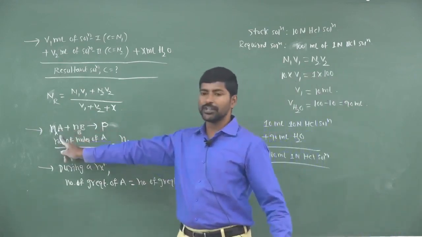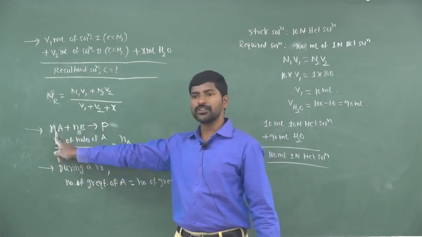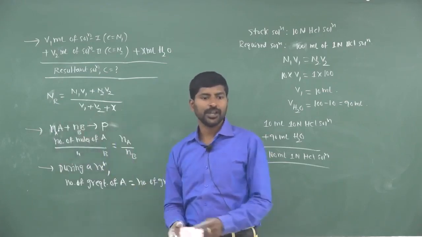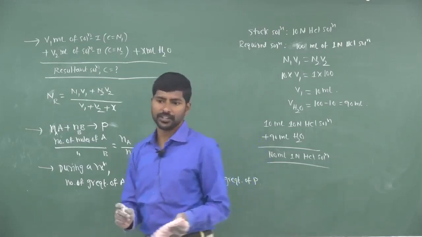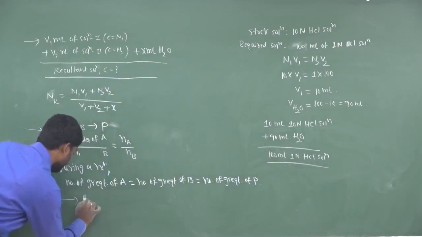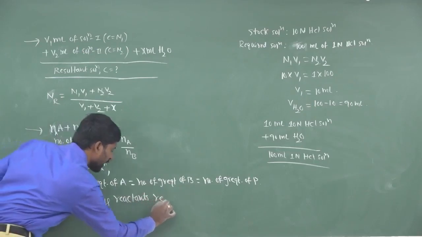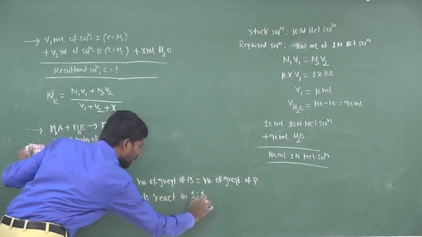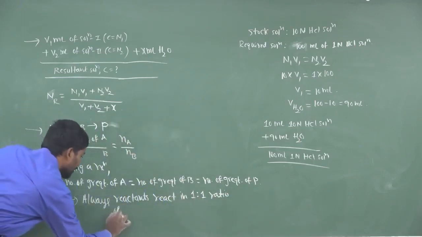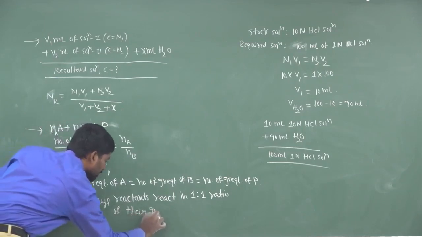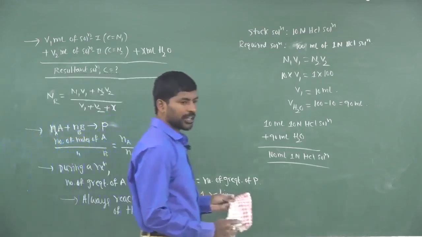That means 2 gram equivalents of A react with 2 gram equivalents of B, and 3 gram equivalents of A react with 3 gram equivalents of B. Write that point: always reactants react in 1:1 ratio of their gram equivalents.